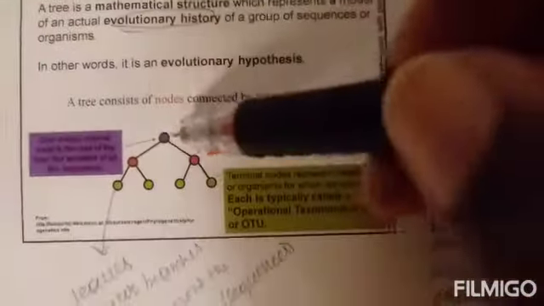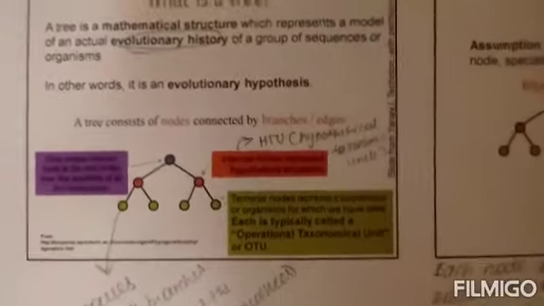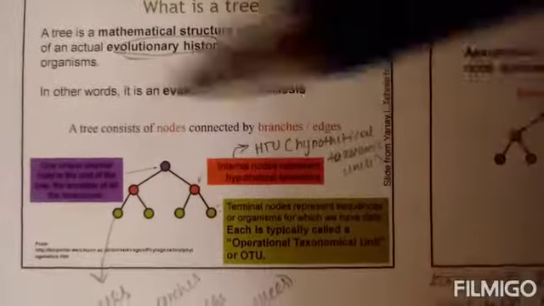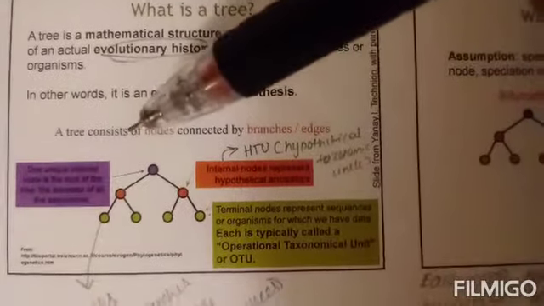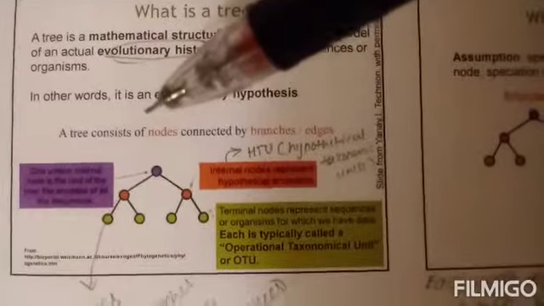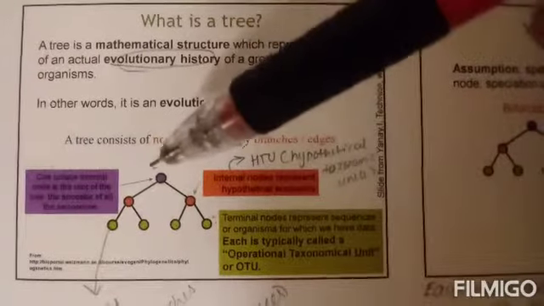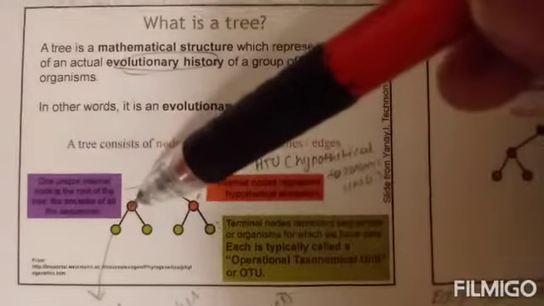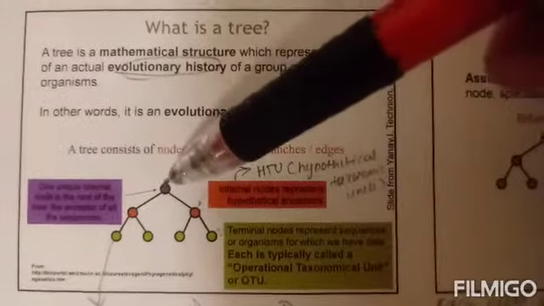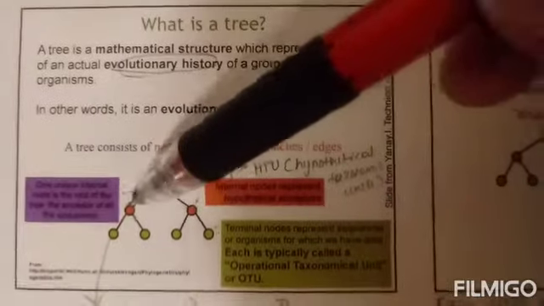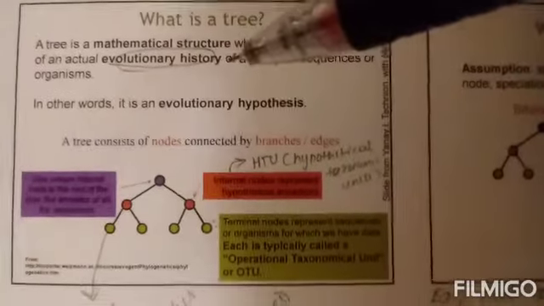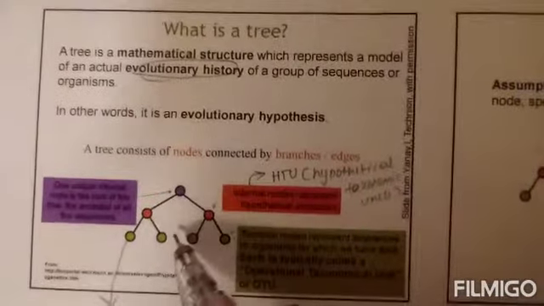So I would also like to say that a speciation is a rare event. At a given node, a speciation occurs only once. So if it's like this, you have only two branches. For example, this is a main common ancestor and you have two nodes over here, so this is called bifurcating.